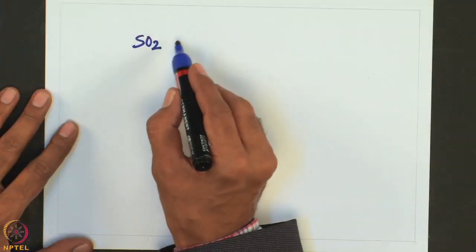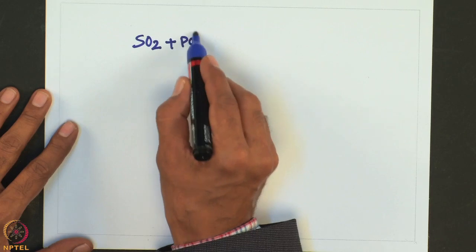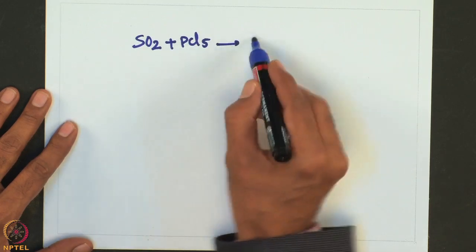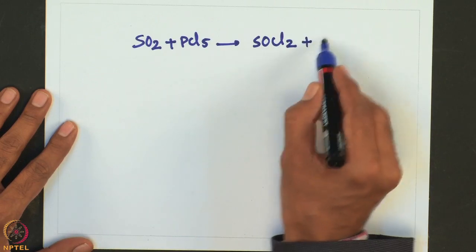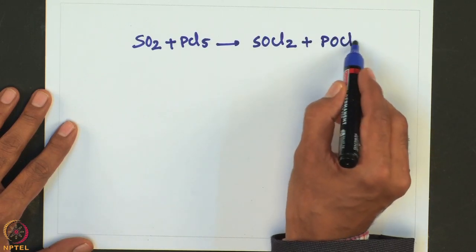Thionyl chloride SOCl2 and sulfuryl chloride SO2Cl2 are essentially colorless fuming liquids, and the SOCl2 boiling point is 351 Kelvin and the SO2Cl2 boiling point is 342 Kelvin. SO2 on treatment with PCl5 gives SOCl2, of course through the formation of POCl3.